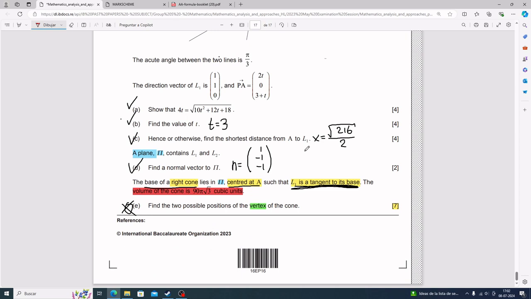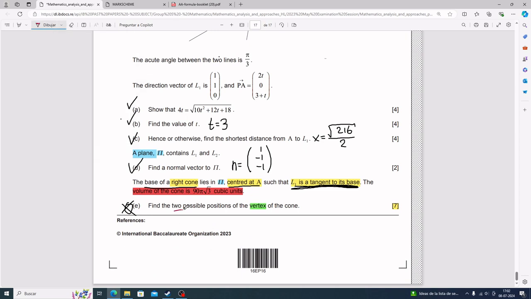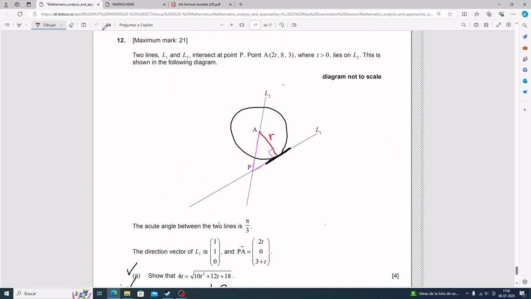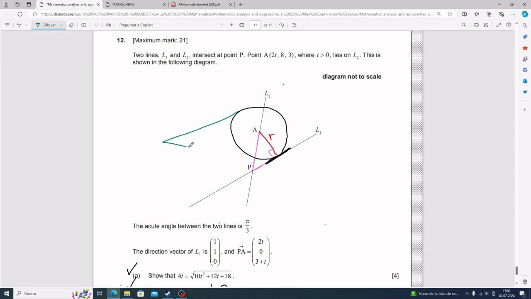Now, the second thing that we need to establish is that it is asking for us to find the two possible positions of the vertex of the cone. Why are there two possible positions? Well, because technically this cone can either go out this way, and the height is like this, and I want you to find this location here.